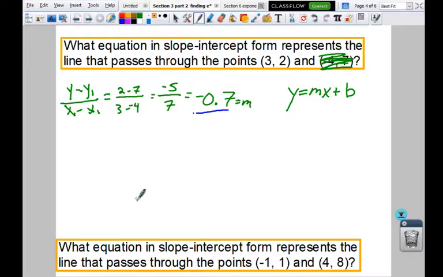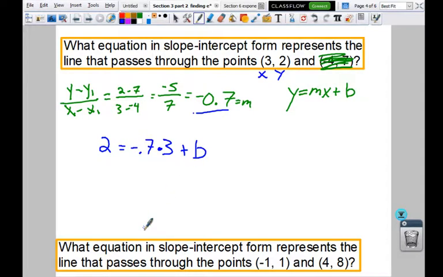Two. Keep going. Equals 2. Negative 0.7 times x, and what's x? x. And then adding b. Yep, then plus b. Now we're going to solve it for b.